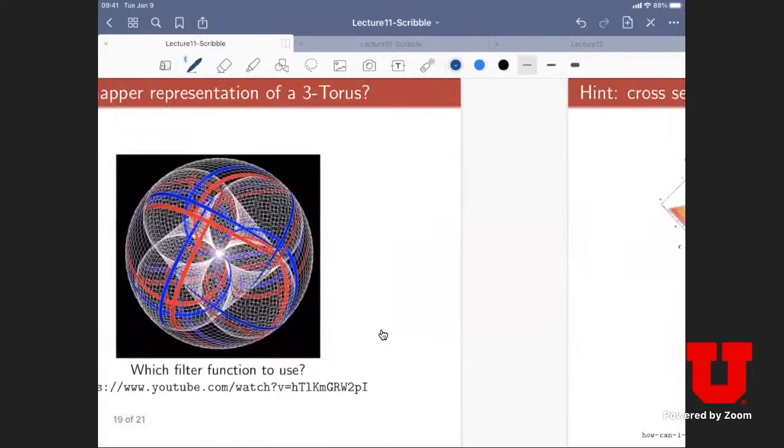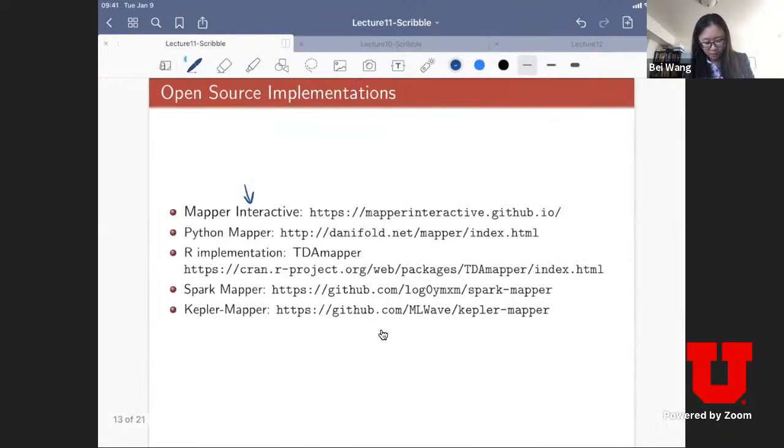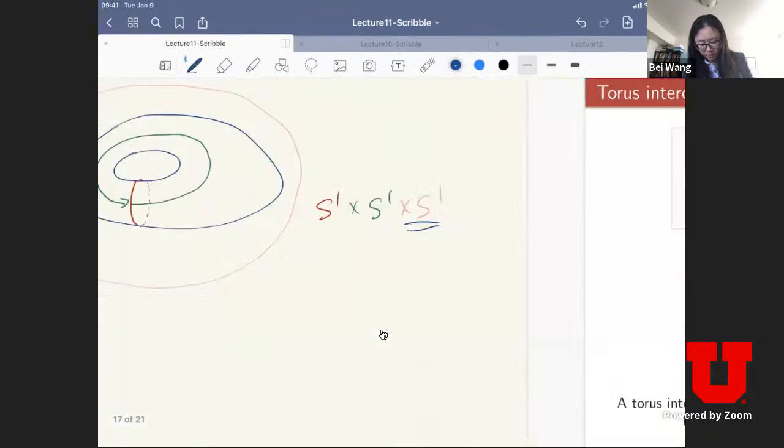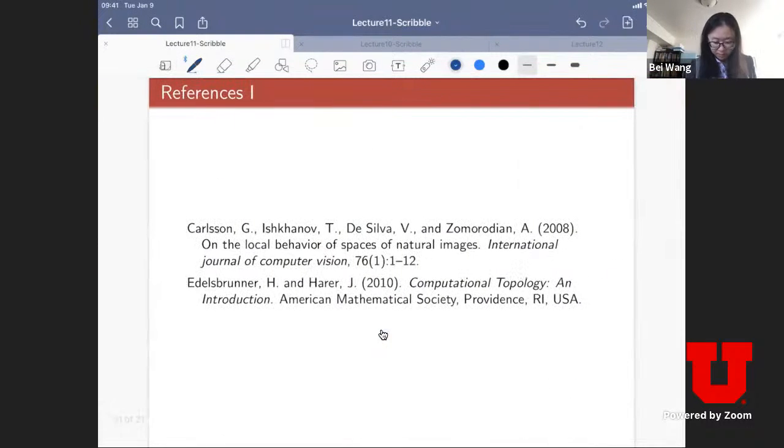In fact, like I said, this particular paper, at the end of the reference, on the local behavior of the space of natural images, they basically treat the patches as a point cloud and compute the homology of it.